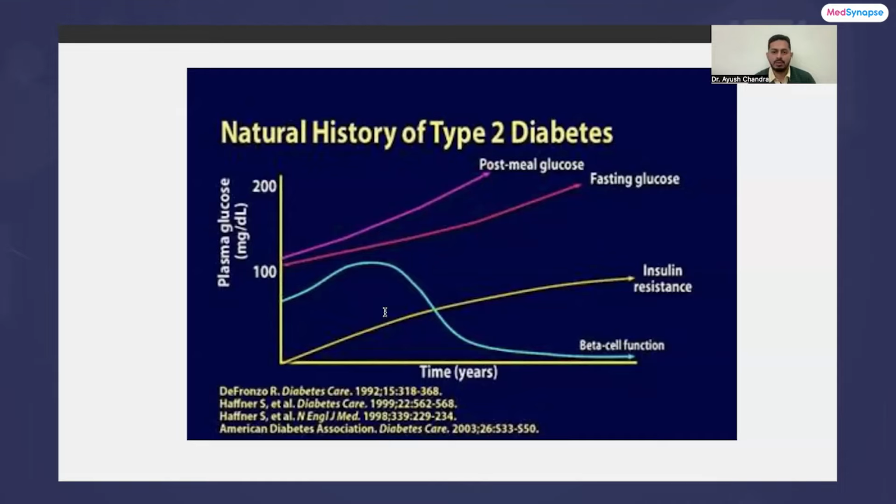The fasting level goes up, and along with that, post meal levels, like 2 hours after eating food, also go up. And simultaneously, as this progresses, there is a decline in beta cell function. The beta cells of the pancreas start degrading, and ultimately this can lead to further damage to the pancreas.